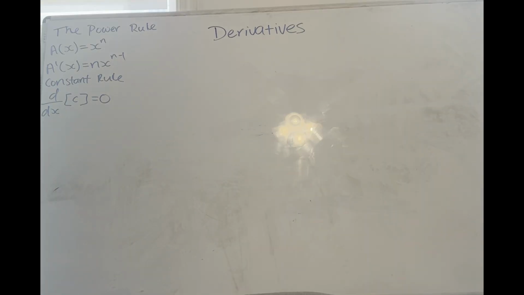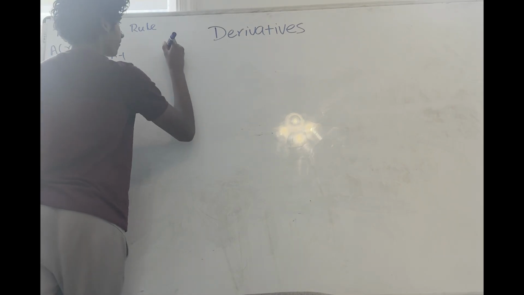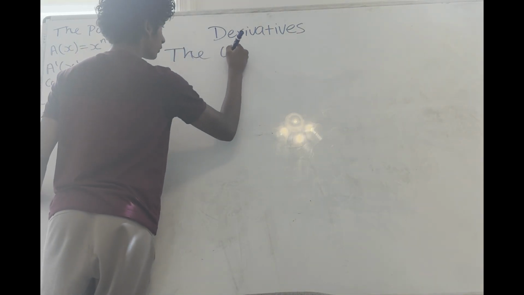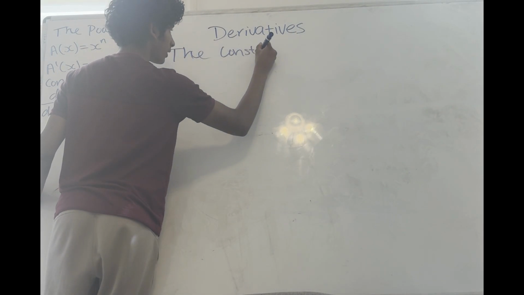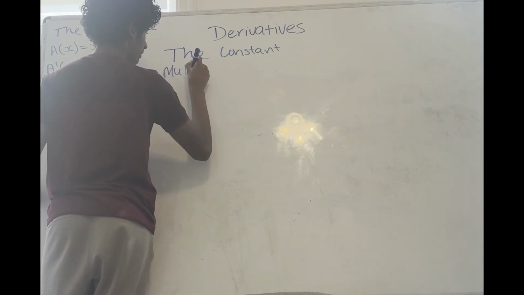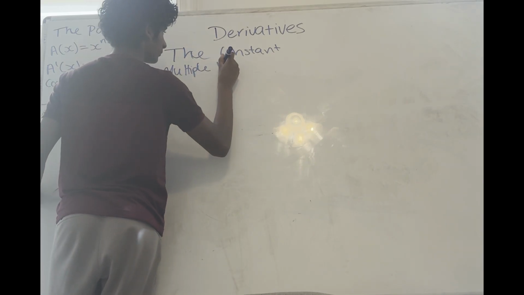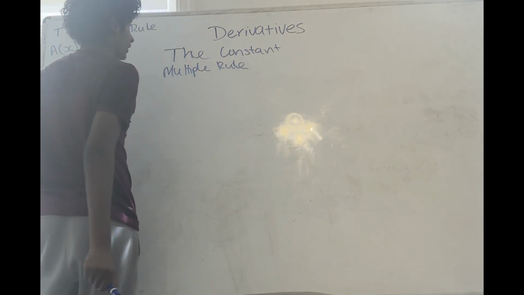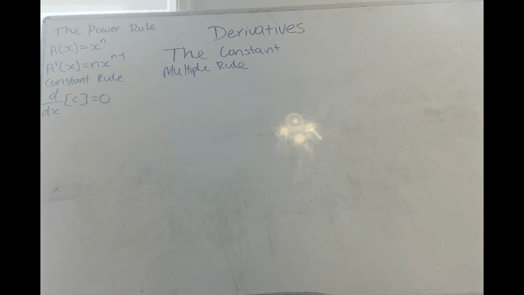All right, so we need to talk about one more rule, and that rule is the constant multiple rule. All right, now what does the constant multiple rule tell us?